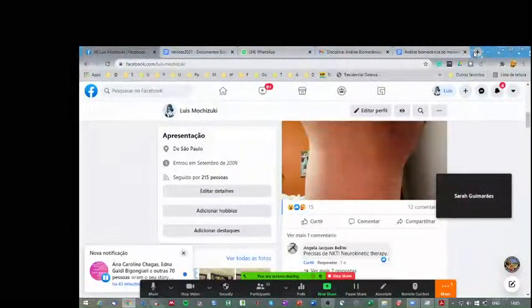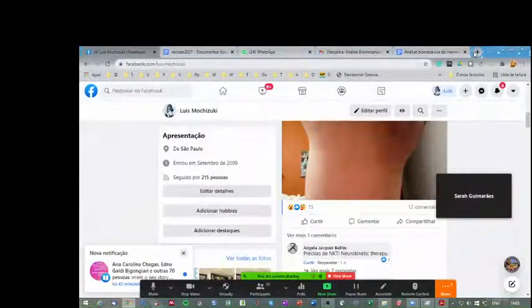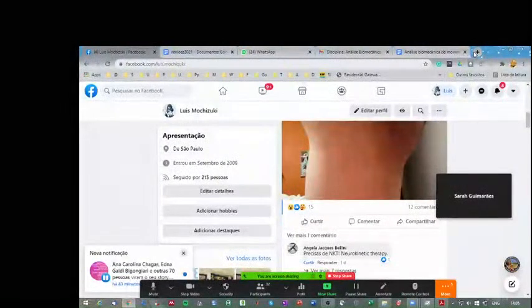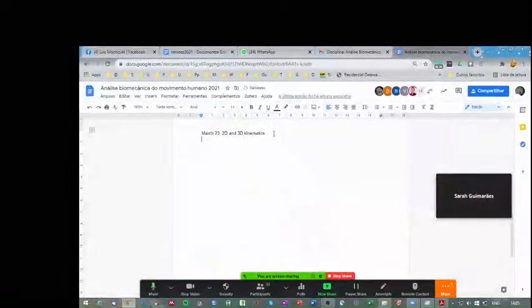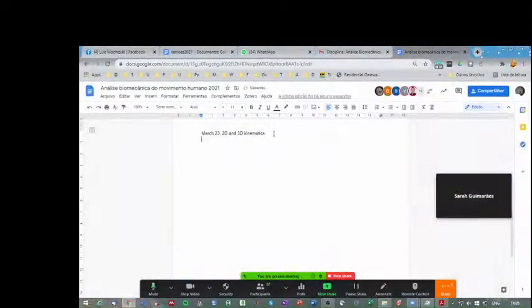So, what is this document? The idea is the following. I'm going to make brief notes here about each lecture. When I'm teaching, I can do that directly here.